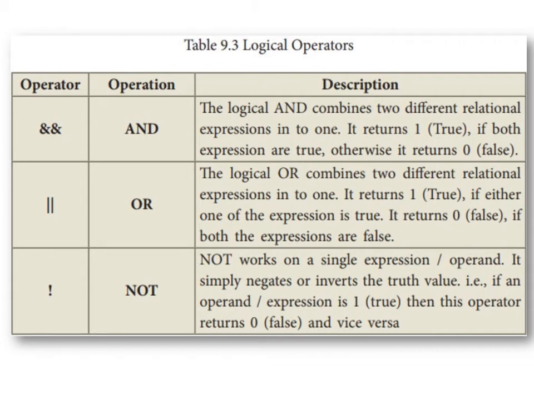Here two different relational expressions are checked. In AND's case, both expressions should be true. Both the conditions should be true, then only the result will be true as well, else it will come as false. In memory, true is 1 and false is 0.